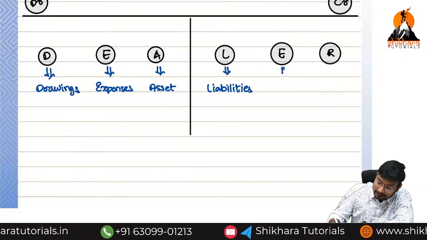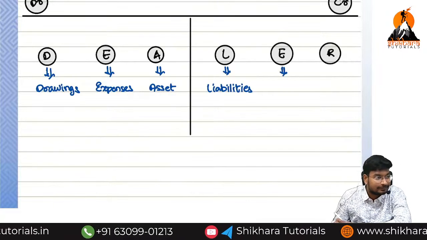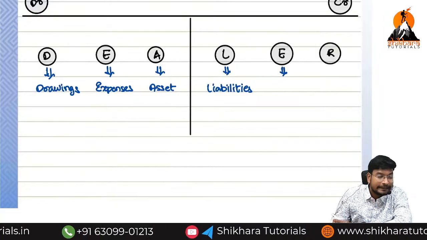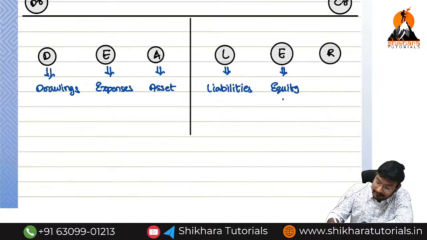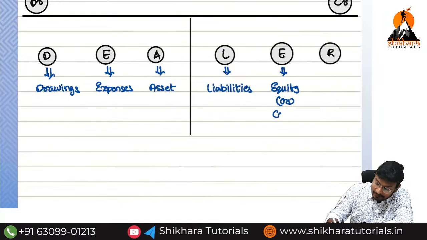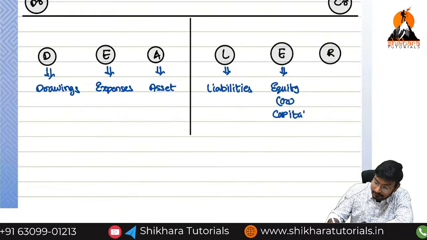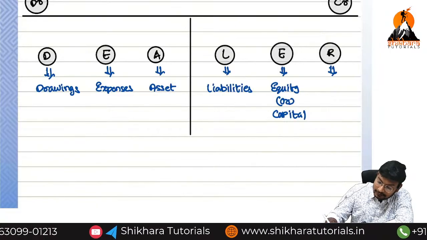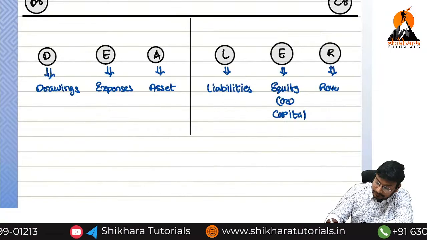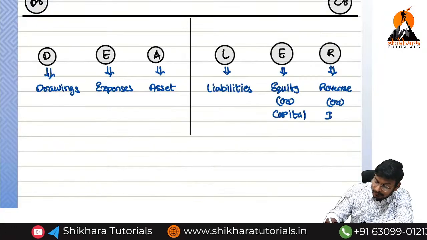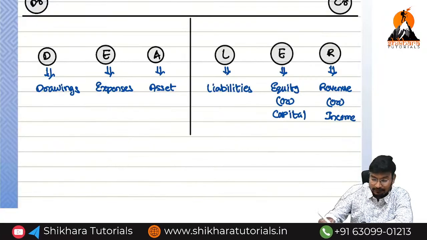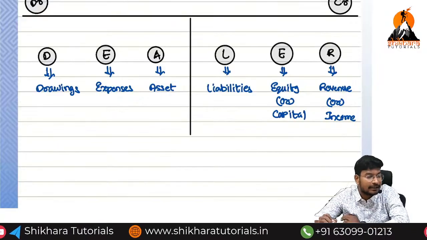E for equity. Equity can also be called capital. Next, R for revenue. Revenue is nothing but income. We can call it income, revenue is nothing but sales only.